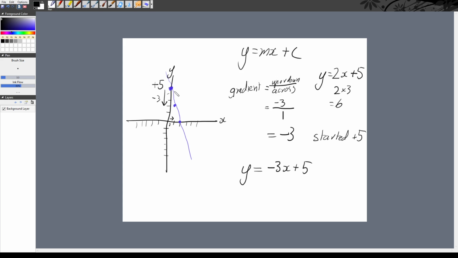So this pattern of how it changes, this gradient, also known as rise over run, so up or down over across, is negative 3, but we started somewhere. We started at plus 5, so that needs to be written there. Hopefully that explains a little bit more about gradient and a little bit more about how to think about these graphs and these equations.